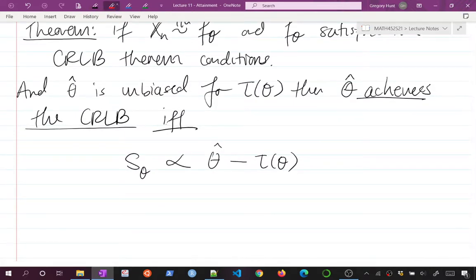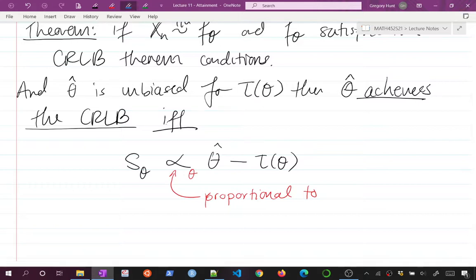So let's parse that a little bit. First of all, this symbol is read as proportional to, which means that it might not be exactly equal, but up to a constant. So sometimes people add on a little theta here: up to a constant that potentially depends on theta, but doesn't depend on theta hat. Up to some function of theta, they're equal.